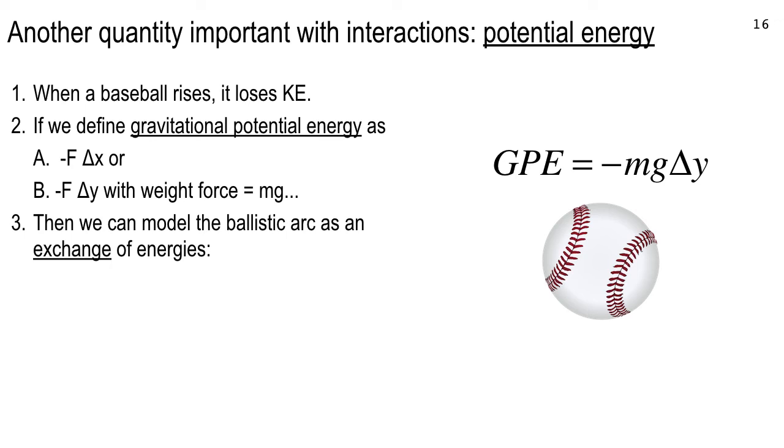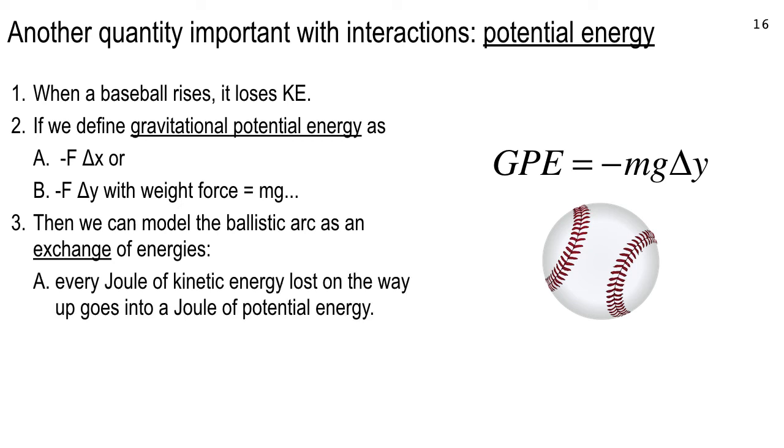And so just as in collisions with momenta, we can think of exchange of forces and exchange of momenta, delta P, plus or minus delta P. Same thing here. We're going to exchange energies. So for every joule of kinetic energy lost on the way up, which is what happens, that goes into a joule of potential energy for the system of Earth and basketball.